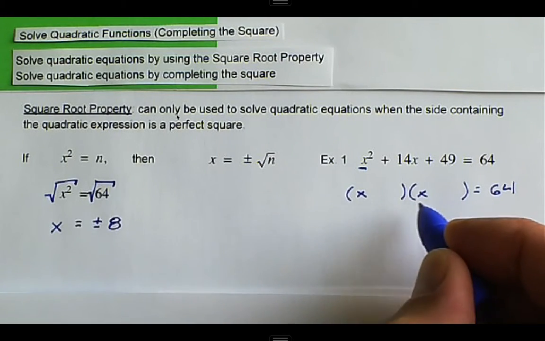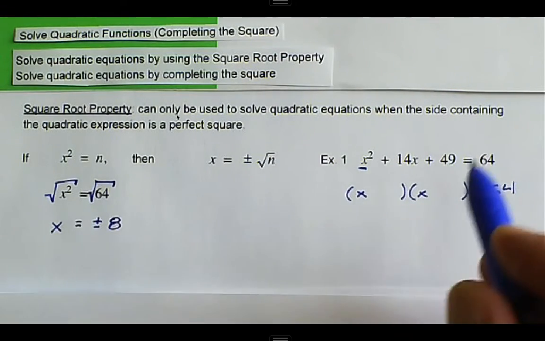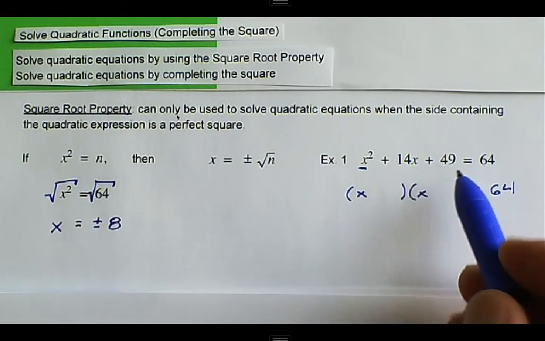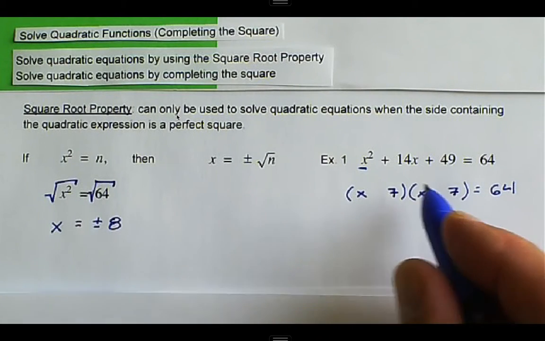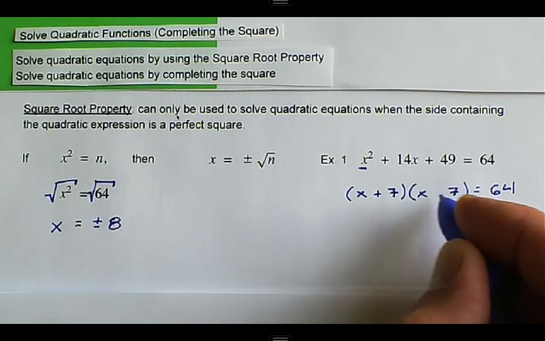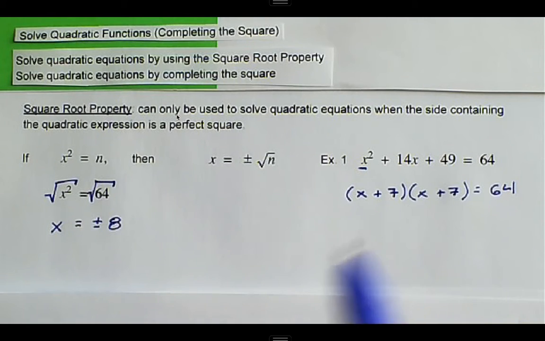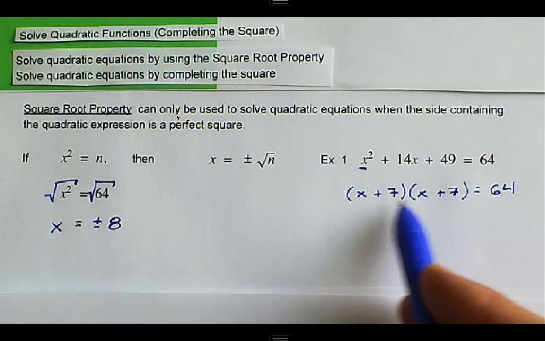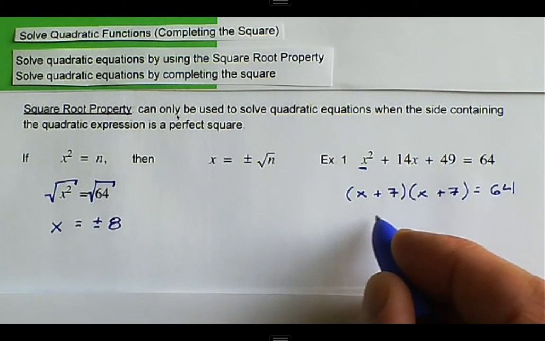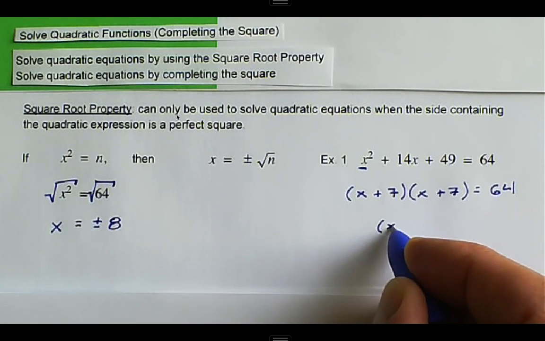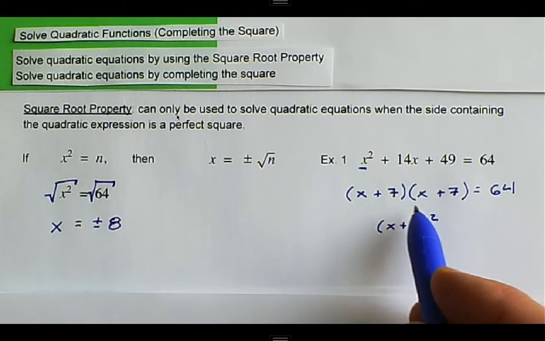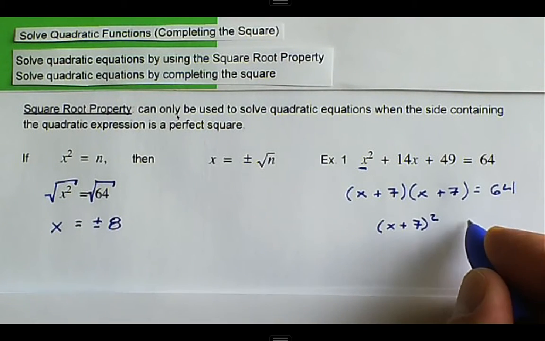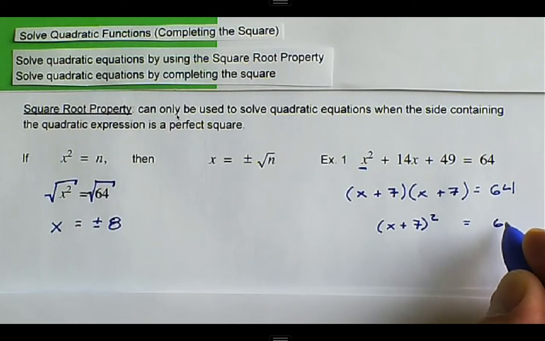X times x is x squared, and two numbers that multiply together to get us to 49 would be 7 and 7, and then they have to add to 14, so they're both addition. And now on this side, on the left, we can rewrite this as x plus 7 squared, because we have two x plus 7s. That's still going to be equal to 64.